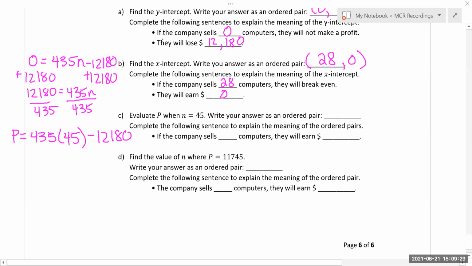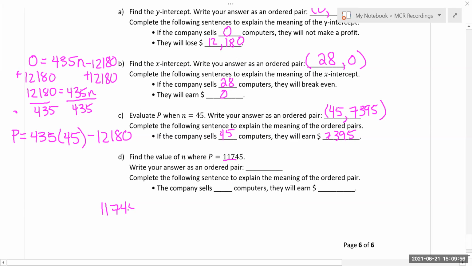So if I sell 45 computers, we make a profit of, that number turns into $7,395 when I put that in. So if we sell 45 computers, we're past our break-even mark and we've made a little bit of profit that month. And then let's say we need to make a little more profit than 7,000.